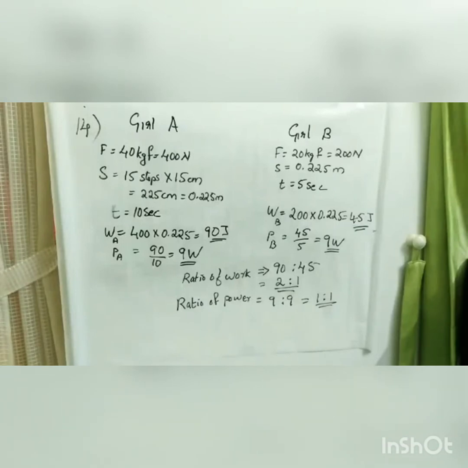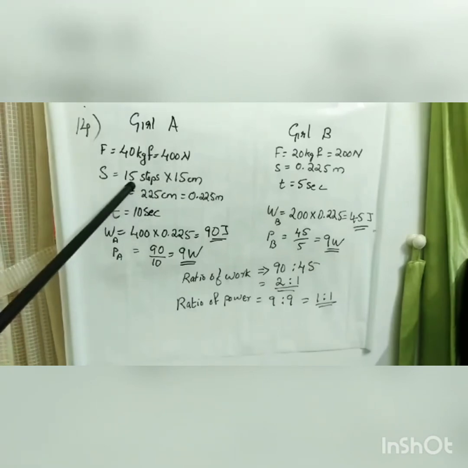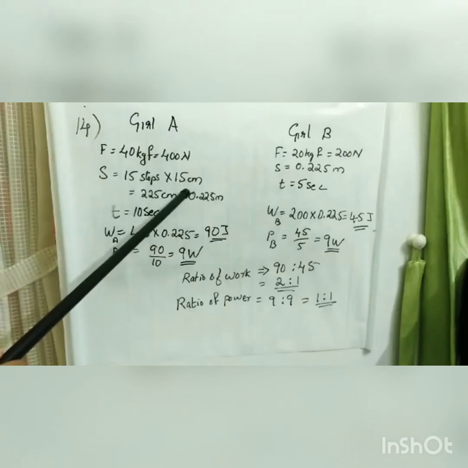Next, question number 14. A boy weighs, I just wrote girl here, sorry, a boy weighs 40 kgf. 40 kgf means 400 Newton. He climbs up 15 steps, each of 15 centimeter.